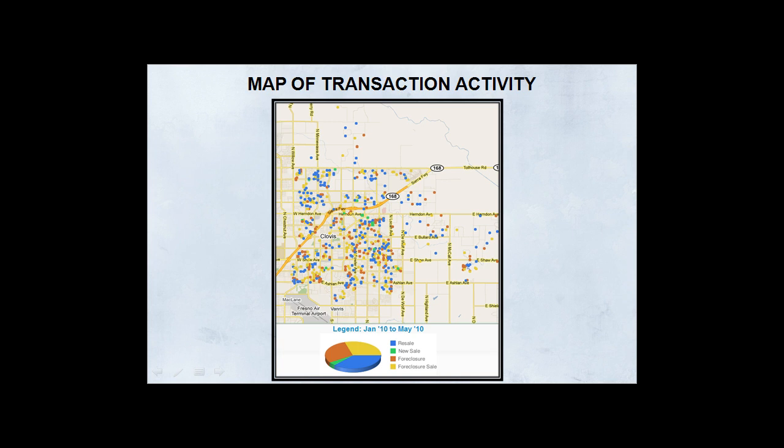You can see in this that there's a very limited number of new home sales, about a 40% market share attributable to conventional resales, and about a 30% market share each going to foreclosures and foreclosure sales.